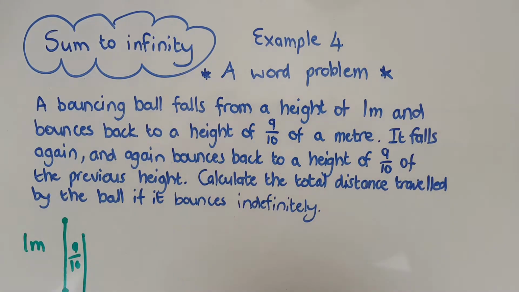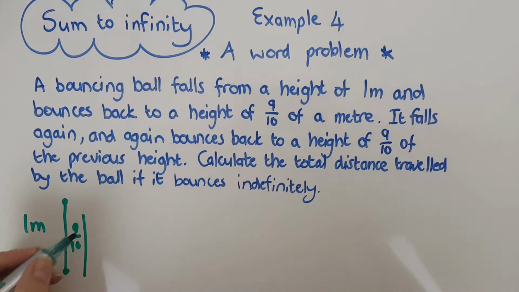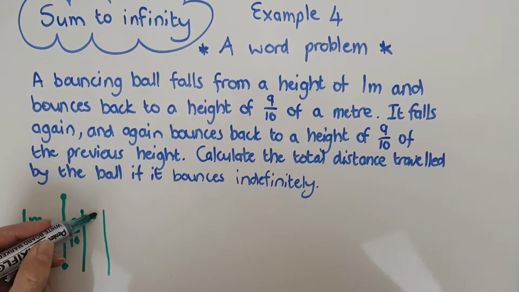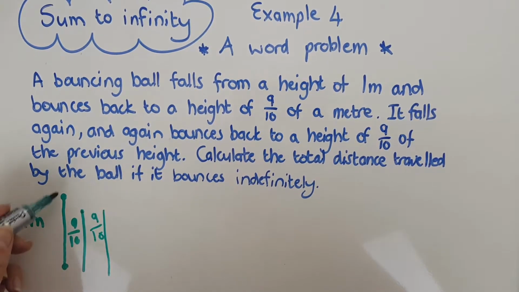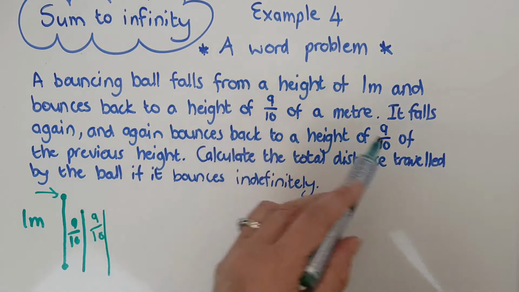Then it's going to go back down again. This time it's going to go down from this height, down another 9/10, right? Because it starts off here, goes down, goes up, goes down again, and falls again.